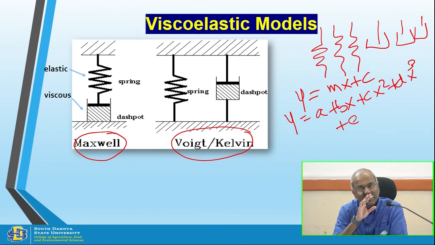It is not as simple as what we think it is because food is a very complex material. I wish it were only an elastic component or only a viscous component. But we need varieties. We cannot really live with only water, right? How long can you live with water only?